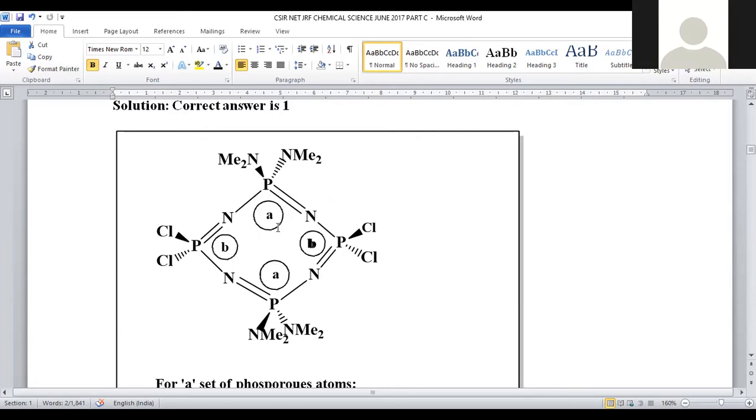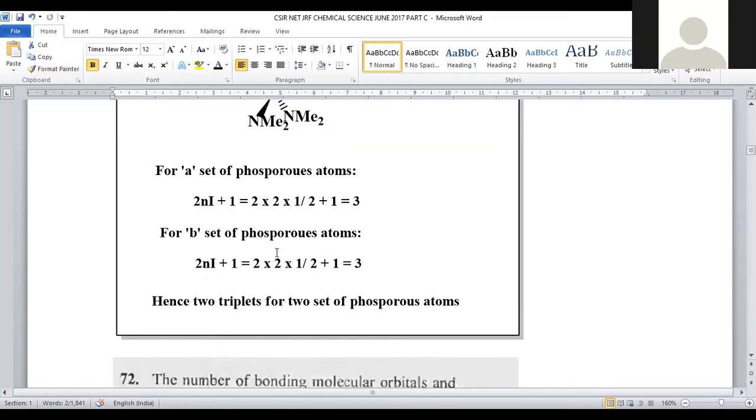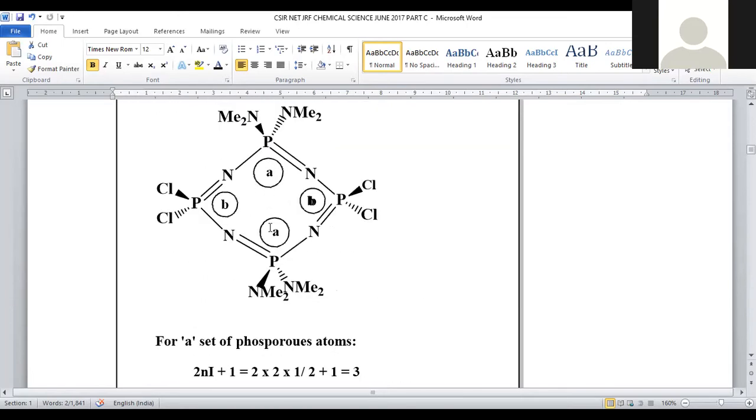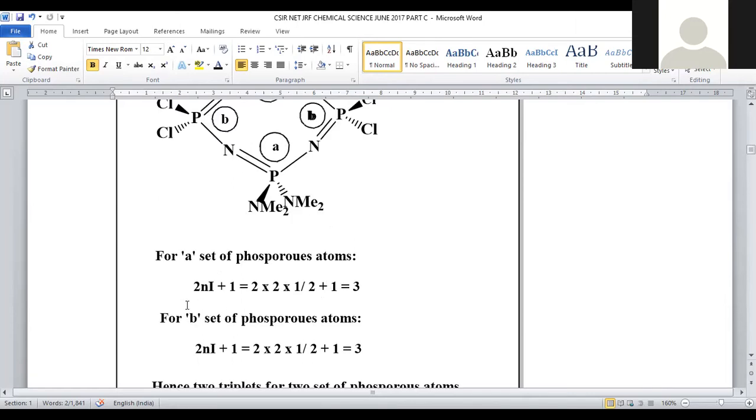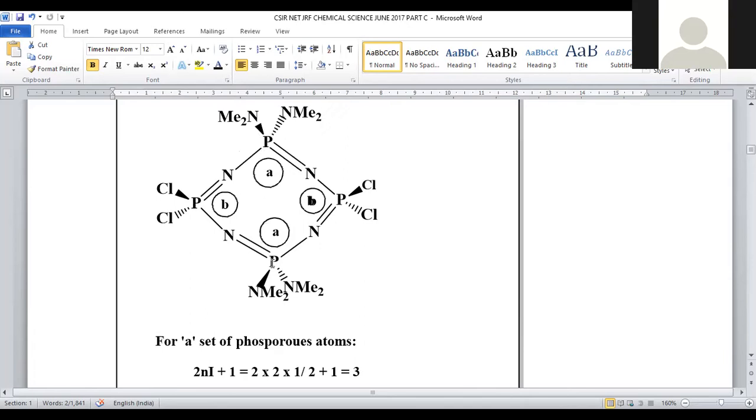Hence, we can apply the 2nI+1 formula for one set and also for the second set. Let us apply it for set 1. Let us assume these two are a type of phosphorus atom. When we apply the 2nI+1 formula, n stands for the number of phosphorus atoms. For A type of phosphorus, how many atoms are there within the compound? 2 phosphorus atoms are there.